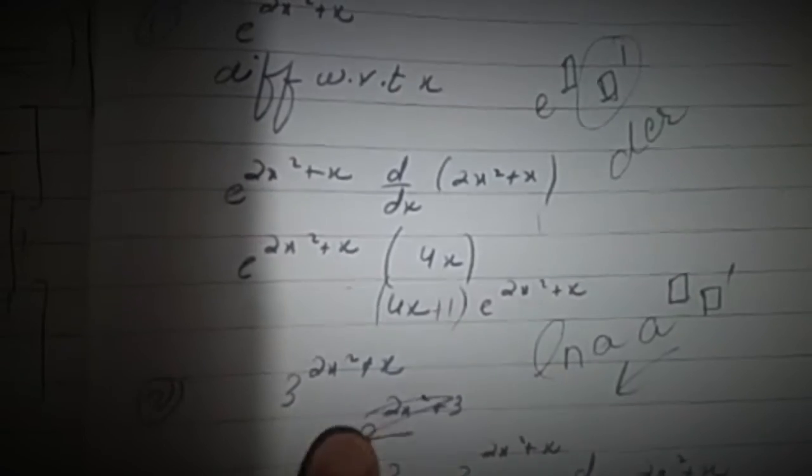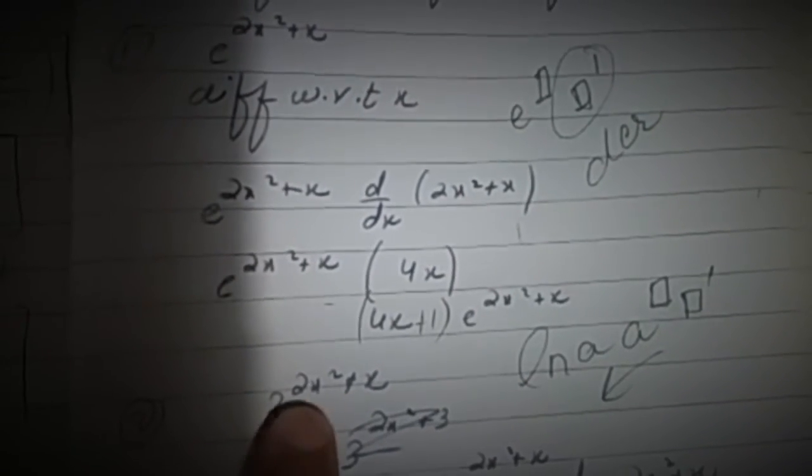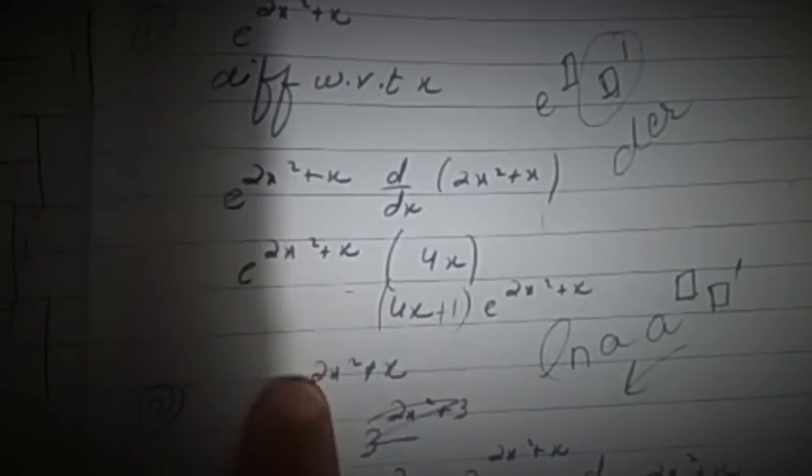We have to apply this formula ln a into a power box dash. ln a here represents ln 3, a power box, it is written 3 power 2x square plus x. Here it comes box dash, we have to take the derivative of this power again and simplify. In this way this question is solved.